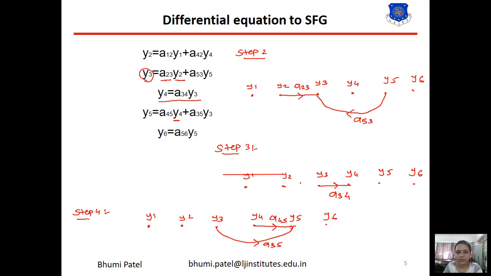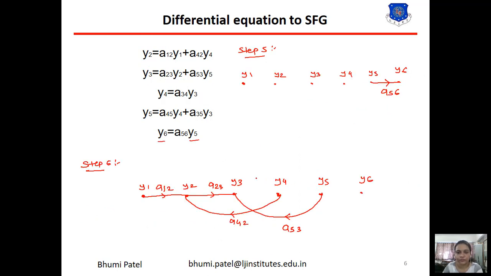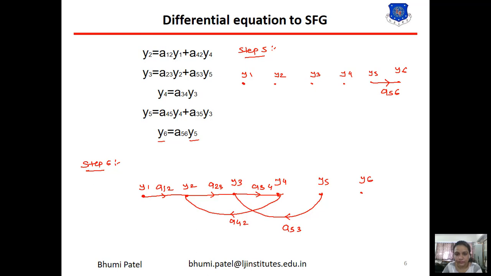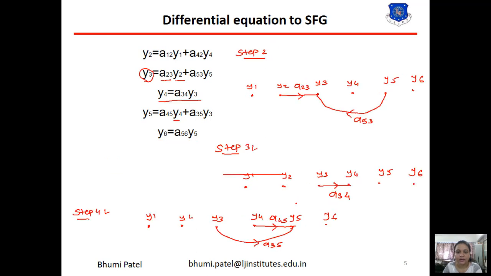Now step number 3, y3 to y4, and the gain is a34. Now step number 4, y4 to y5 and the gain is a45, and the second one is y3 to y5 and the gain is a35.